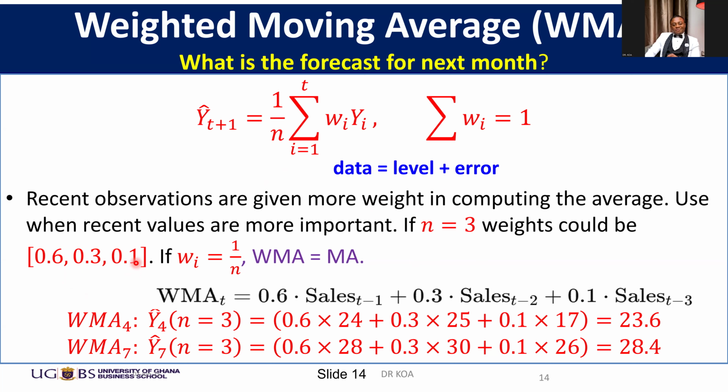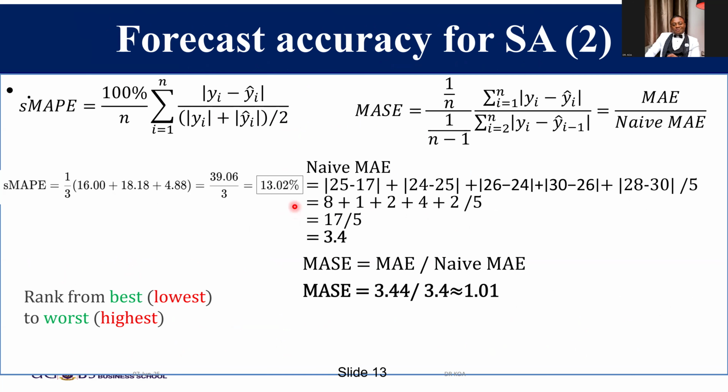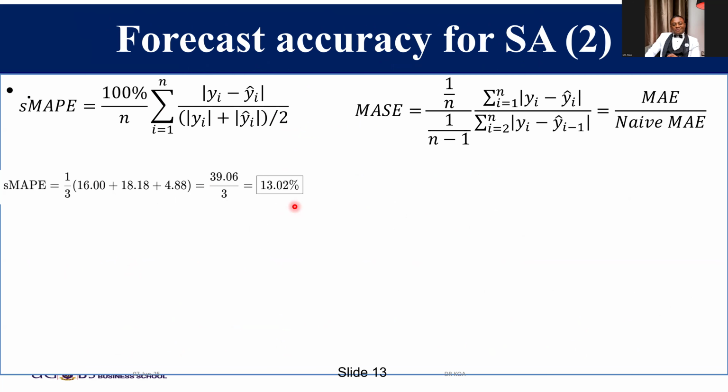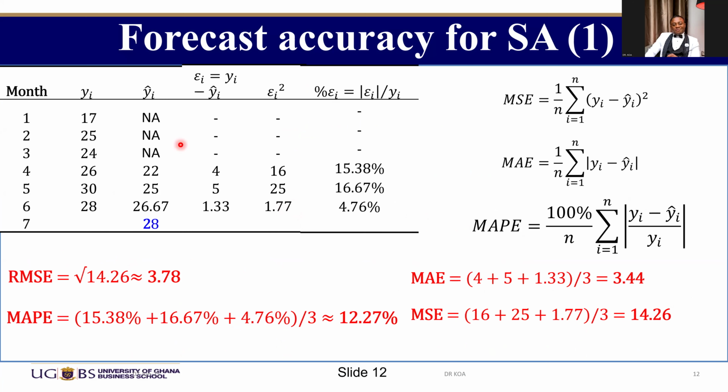The first weight, and watch the data set very carefully, because this can sometimes be confusing. Suppose you are in period 4 and at sales number 26.